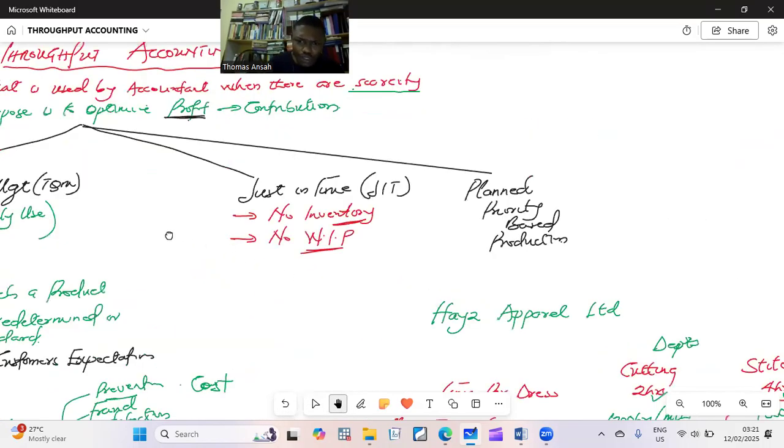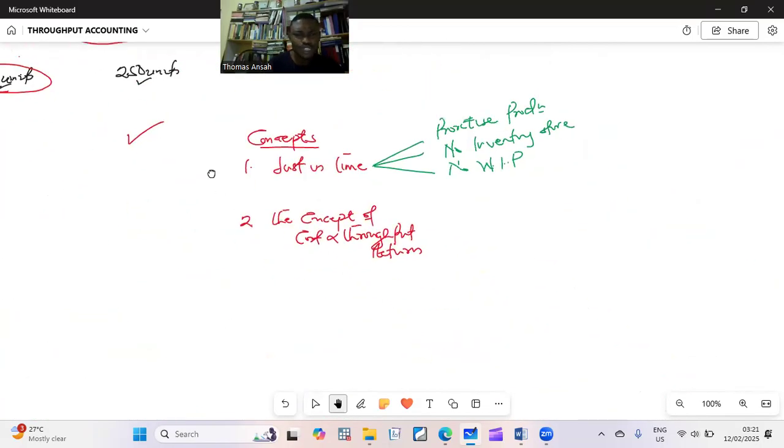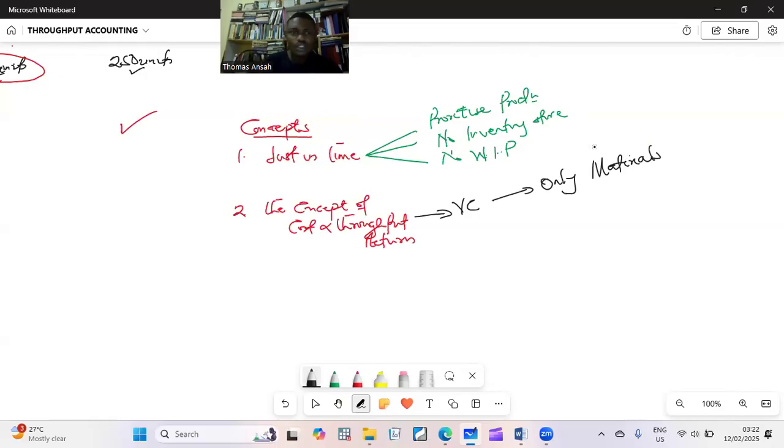Now, one assumption that you need to get clear is that in throughput return, the variable cost is only direct material. Take note of that. It's only materials, because that is what is going to be based on the customer specification, the raw materials that we are going to use.